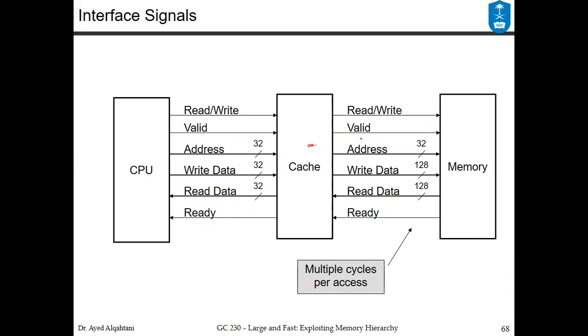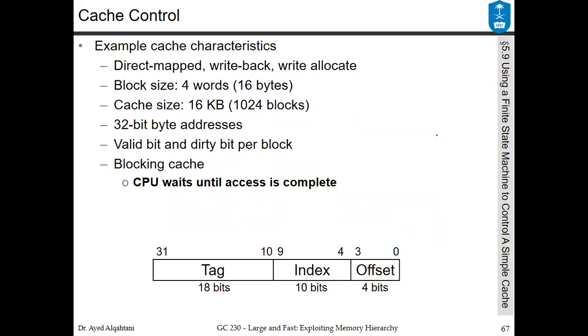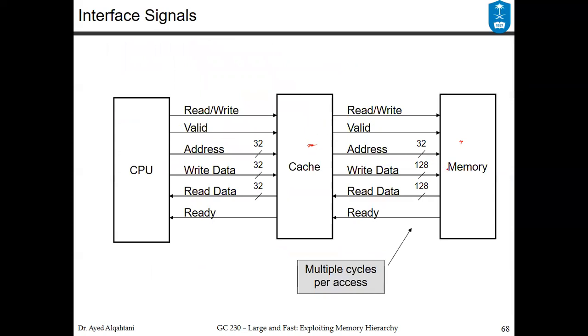Now, the interaction between the cache and the memory: the block size is 4 words, so the movement from the cache to the memory and vice versa has to be 4 words. 4 words is 2 to the power of 2 times 2 to the power of 5, since 1 word is 32 bits, and the total is 2 to the power of 7, which is 128 bits. And this is why we have this bus.